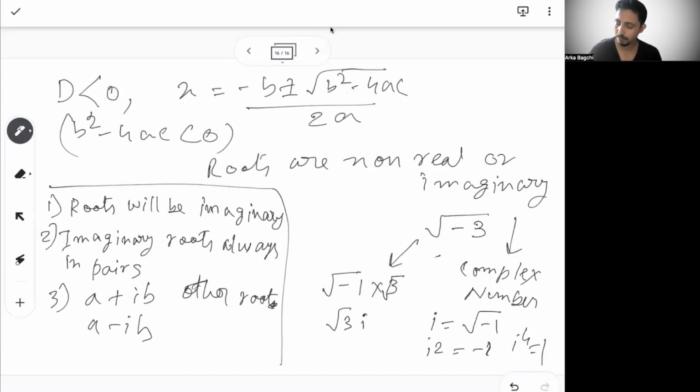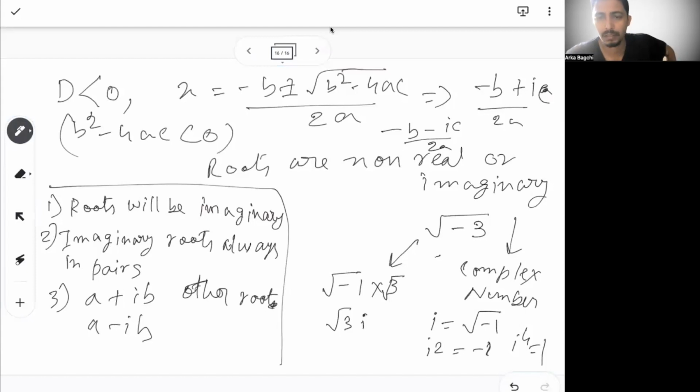Typically from here, we can say minus b plus i root C by 2a, and the other one is minus b minus i root C by 2a, just taking C as the outcome of b square minus 4ac. So roots will always occur in pairs. If one is a plus ib, the other one will be a minus ib. These are the two or three very important formulas of imaginary roots.